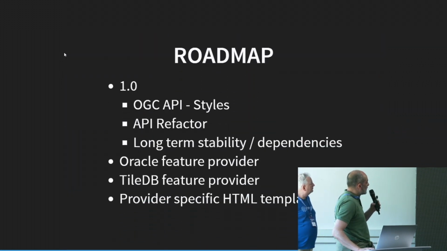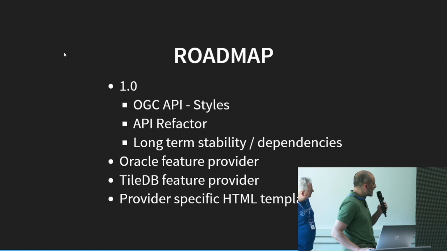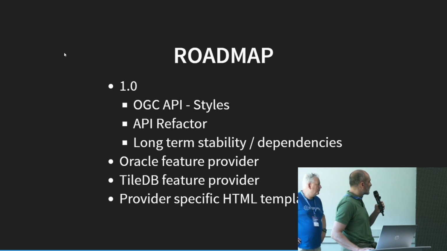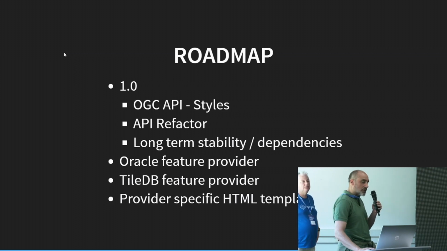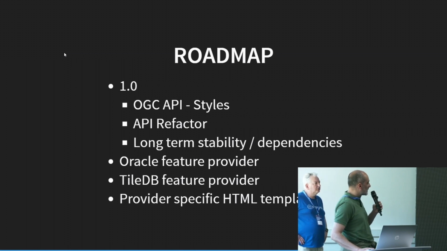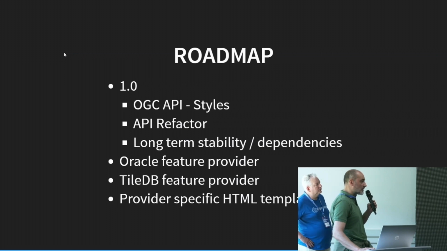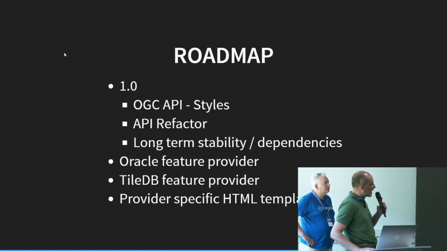We are approaching version 1.0 where it will be OGC API styles. We are planning to make some API refactoring and more long-term stability in terms of dependencies. We are going even to add new providers like Oracle and TileDB, and more specifically HTML templating.